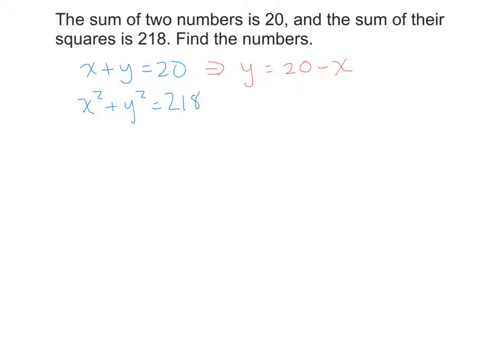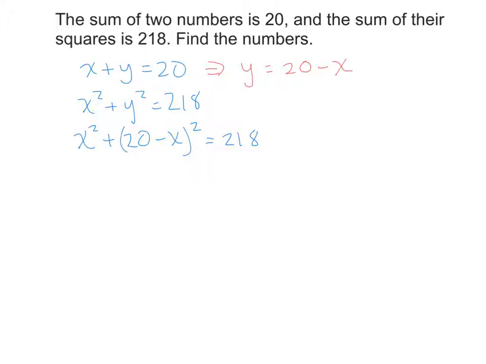So when we substitute, what we're going to get is x squared plus, and now we're going to square y, but y is 20 minus x. So when we square 20 minus x, we get that. And what we have is now an equation that will be a quadratic in one variable instead of two. And our goal is to solve this.